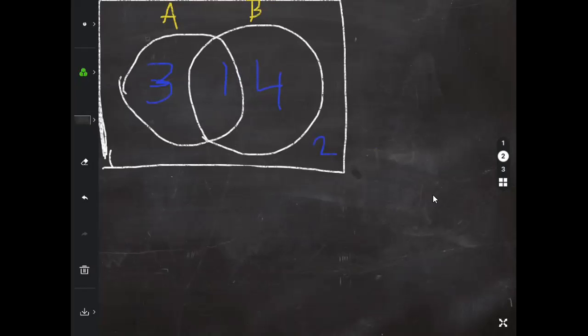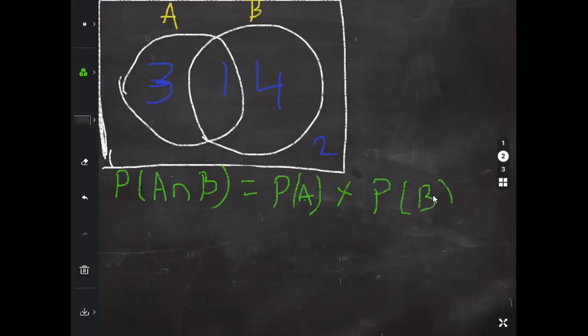So our second rule was the intersection of A and B. So the probability of A intersection B is equal to the probability of A multiplied by the probability of B. So if the probability of A and B multiplied together is the same as the probability of the intersection of A and B, then these events are independent.